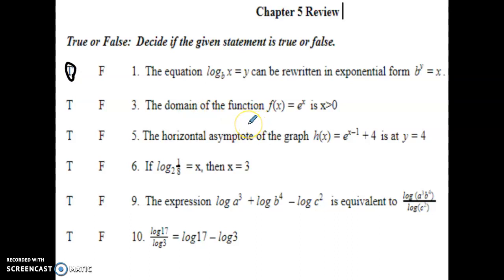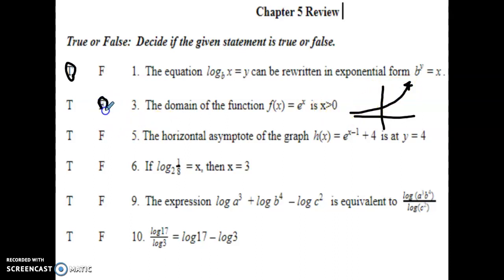Number 3, the domain of the function e to the x is greater than 0. Well, when you think about the graph of the function e to the x, it looks like this. It's increasing and it goes kind of like that. So it is not just greater than 0, it's all real numbers.